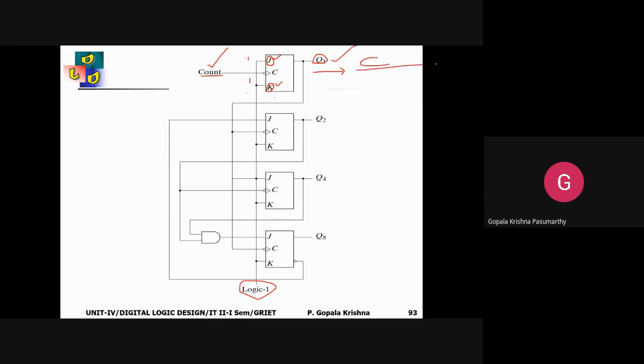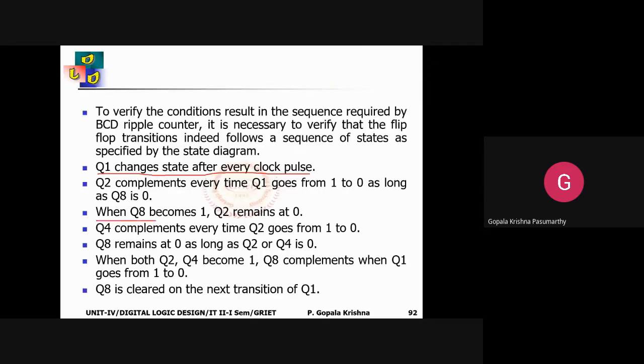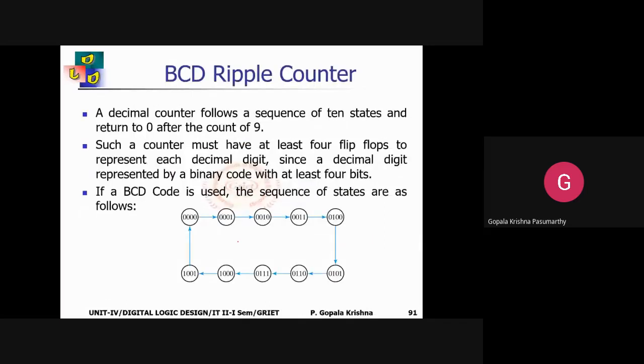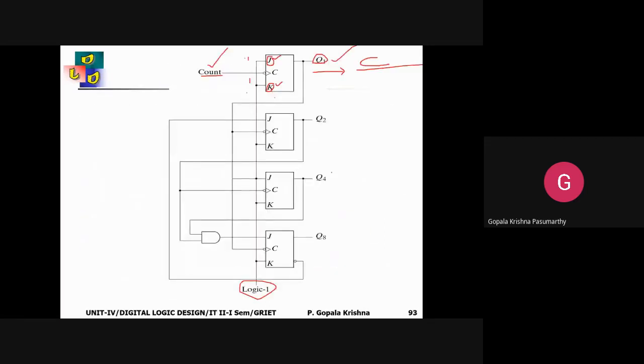So as and when this clock is active, since J, K are 1 and 1, this Q1 will be complemented every time. Now let us see Q4. Very easy. Q4 complements every time when Q2 goes from 1 to 0. See, this is my Q4.